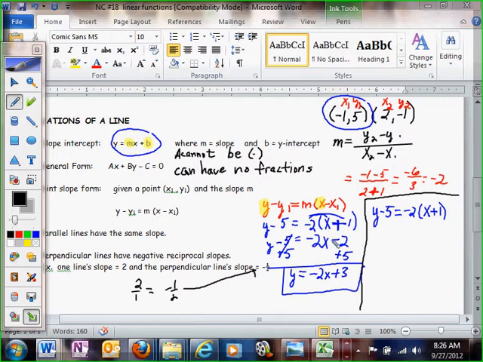And so when I'm working with standard form, remember a can't be negative, and you cannot have fractions. Okay? So what you want to do here is you want to manipulate this in such a way that first of all, on the right side of the equal sign, you're going to have a 0. In other words, you're going to take everything away from the right side of the equal sign.